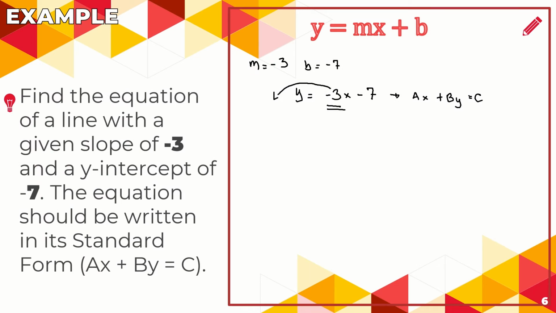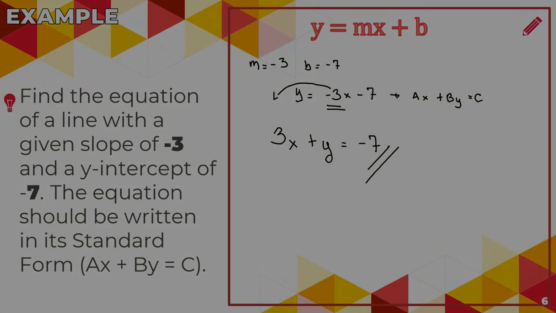Once we move a term to the other side of the equation, don't forget to change it to the opposite sign. So from -3x, it will become positive 3x plus y equals -7. And it is already written in the standard form.